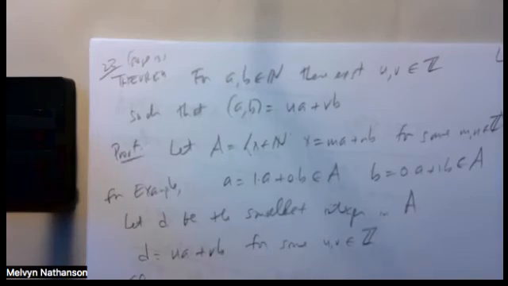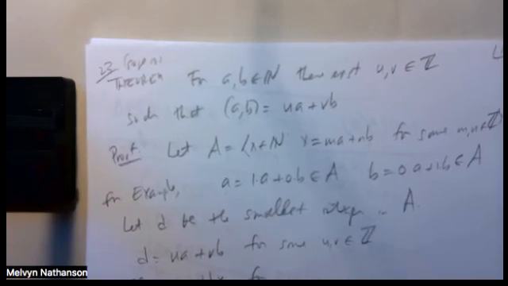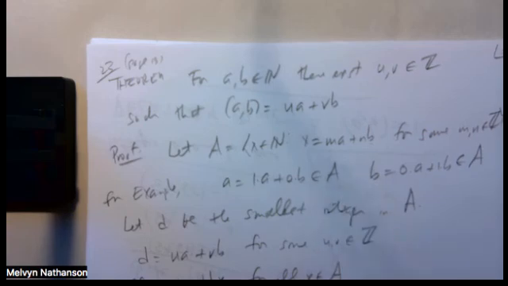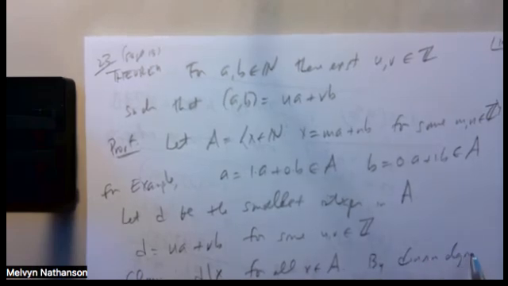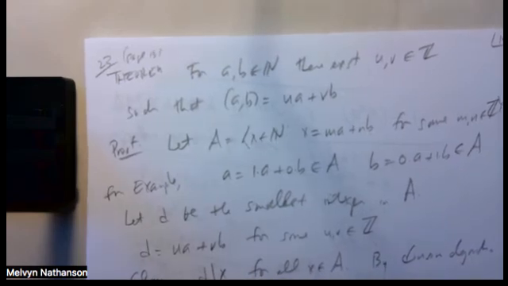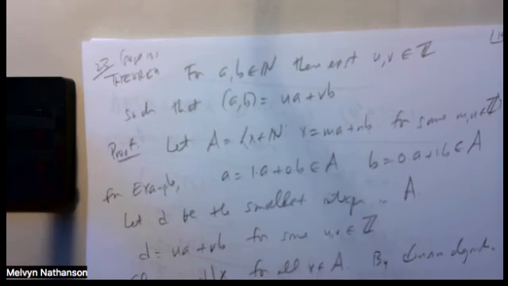Now I claim that this number D divides x for all x in the set A, that every number in this set is divisible by D. And why is it true? By the division algorithm, x is qD plus r, where this remainder r is less than D. It's between 0 and D minus 1.